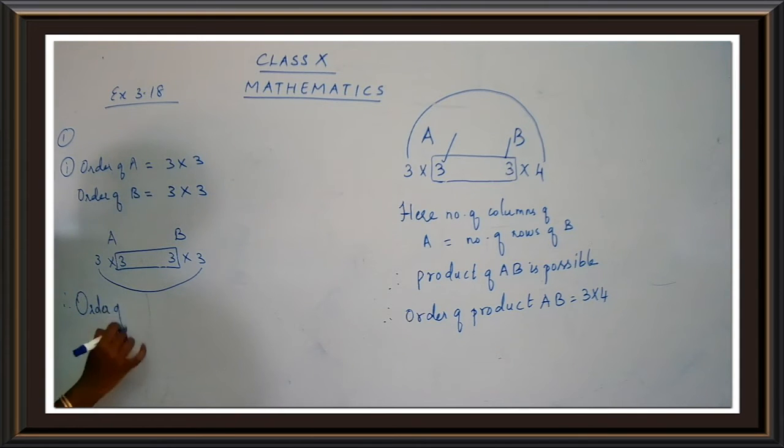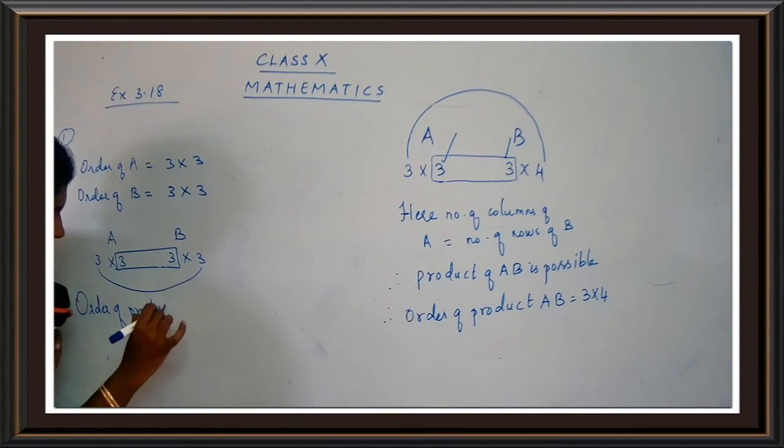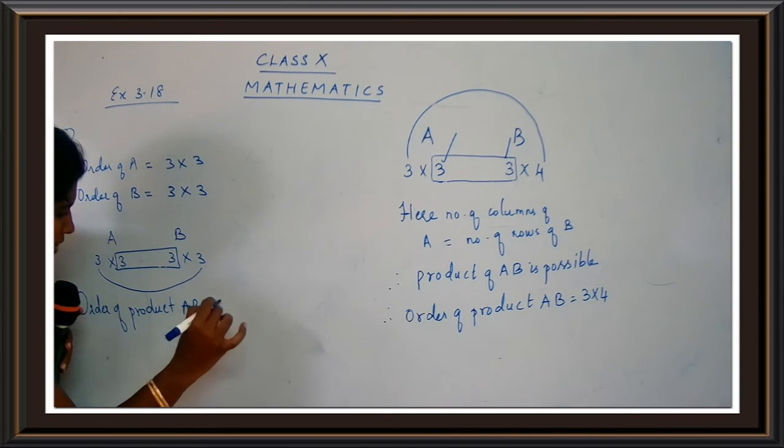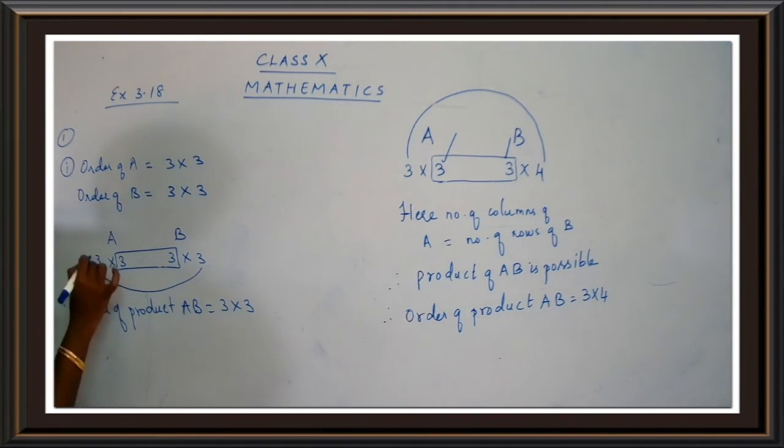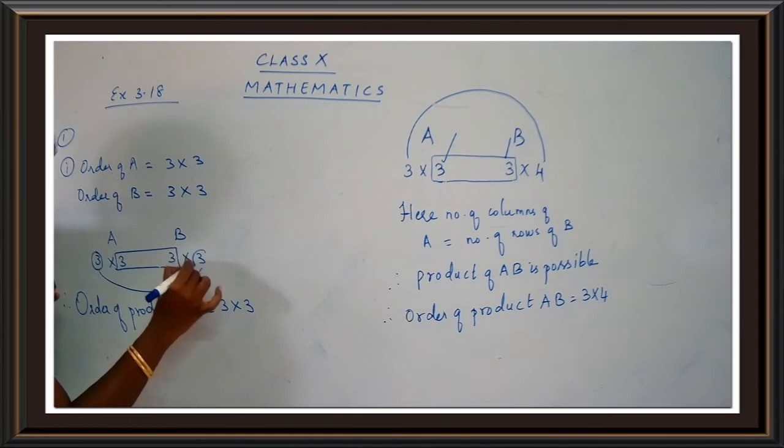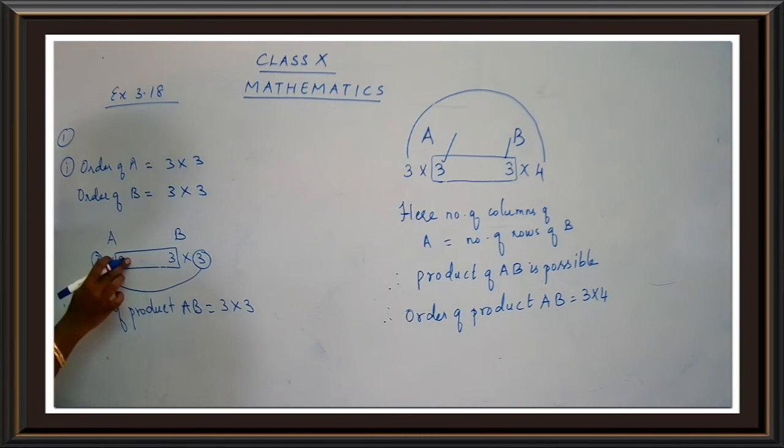Order of product AB is equal to 3 cross 3. This is the answer. The box is only to check whether the product is possible or not. So order of product AB is equal to 3 cross 3.